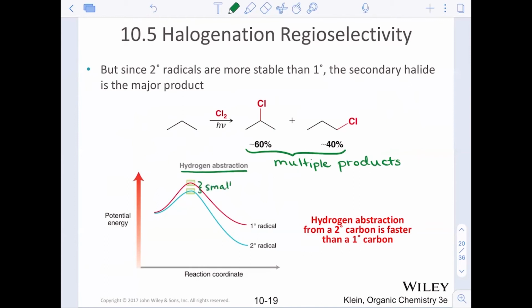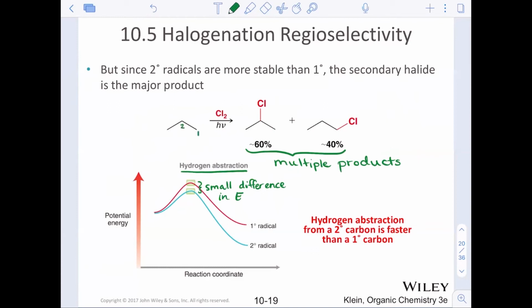There is a small difference in energy here. And so either radical will technically form, right? Yes, the secondary carbon is faster than the primary, but what's of utmost importance to note is that chlorine is not selective. We will make more than one product. Chlorine can go on any position out of that organic molecule.